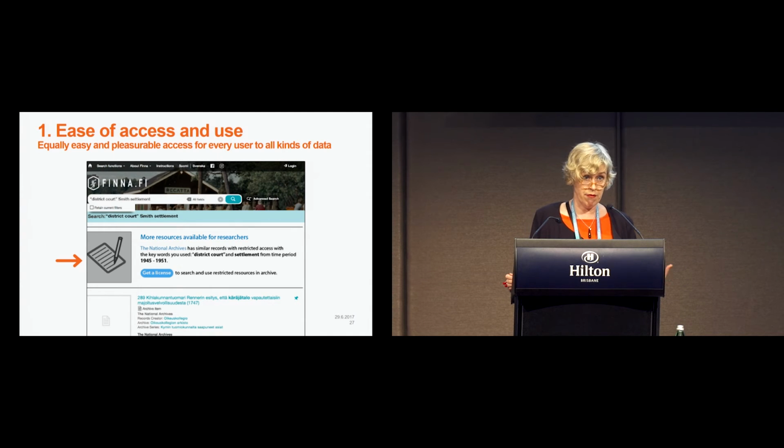It might reveal some information that relates to ethnic background or, for example, health of the persons who are involved in the material. So we have drawn designs that will make this happen.